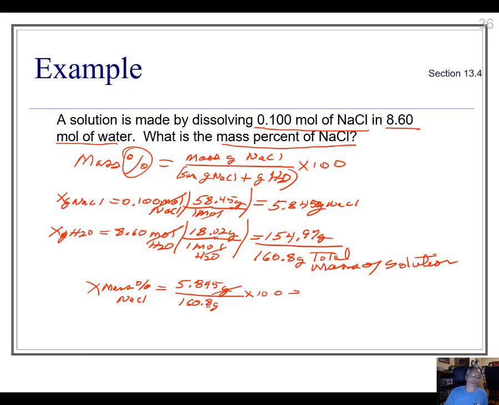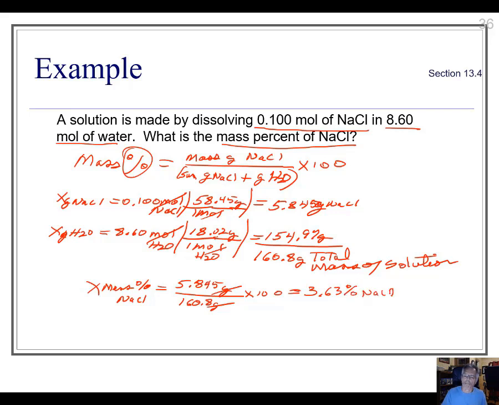The masses will cancel, and I'll wind up with percent. So 5.845 divided by 160.8, and that gives me 3.63% by mass.